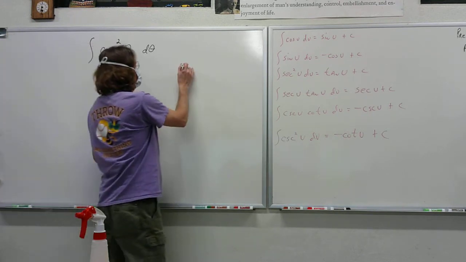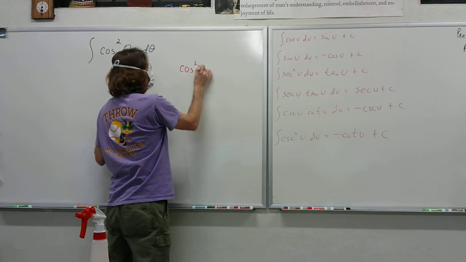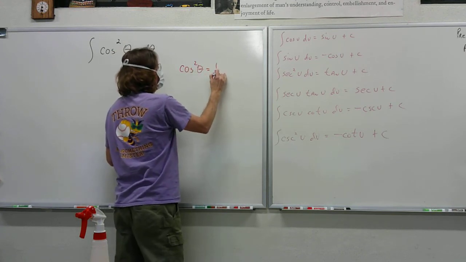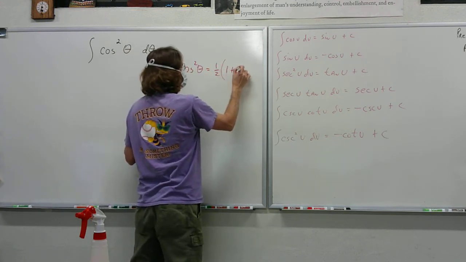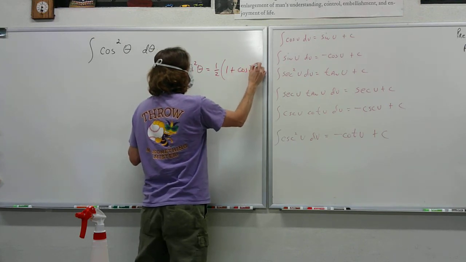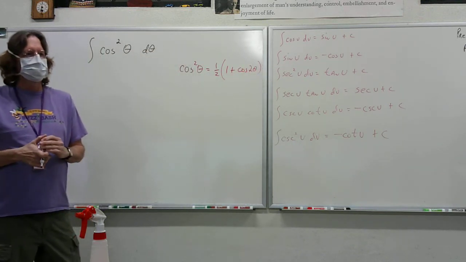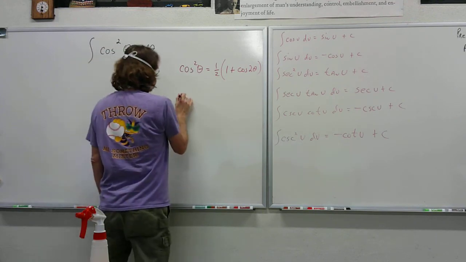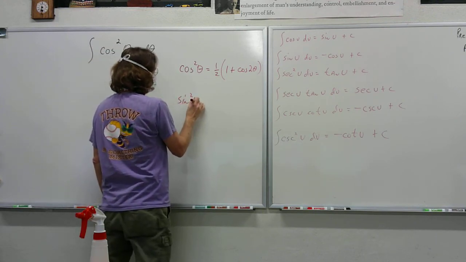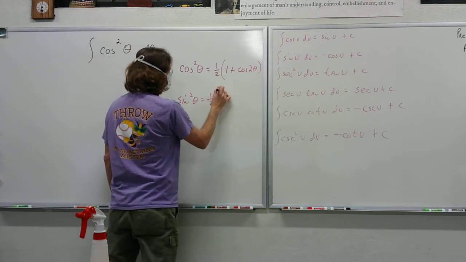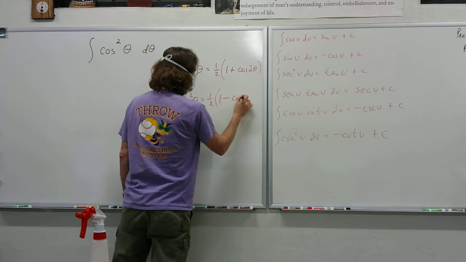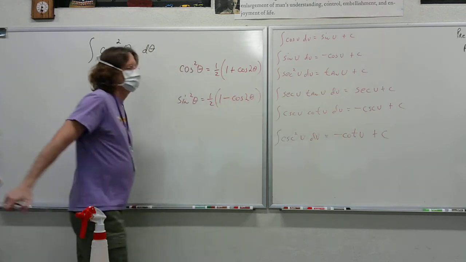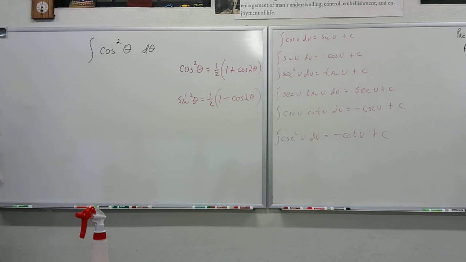Cosine squared theta equals 1/2 (1 plus cosine 2 theta). Sine squared theta equals 1/2 (1 minus cosine 2 theta). And those are the two identities that you're going to use to rewrite cosine squared or sine squared into a rule.